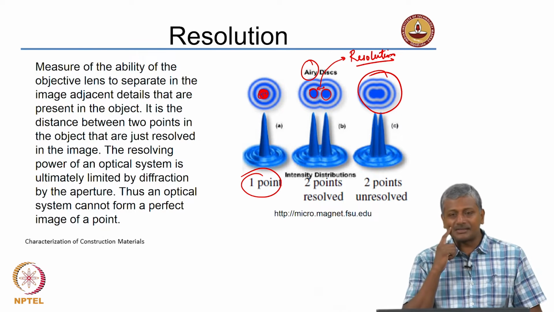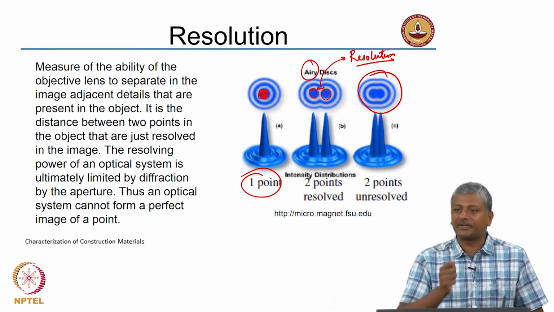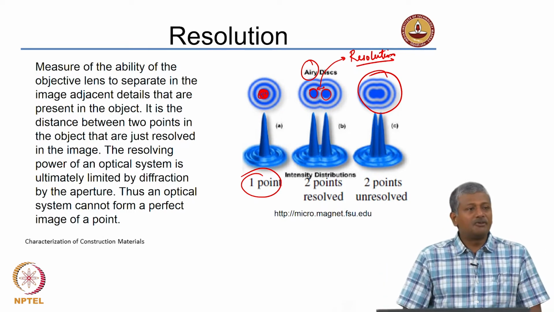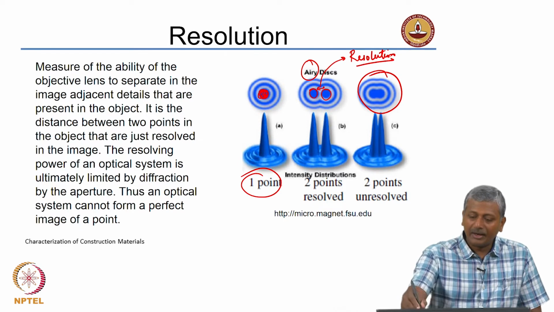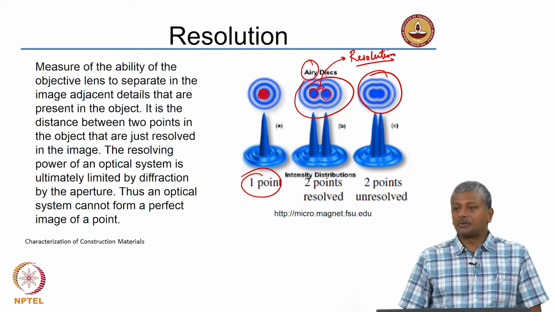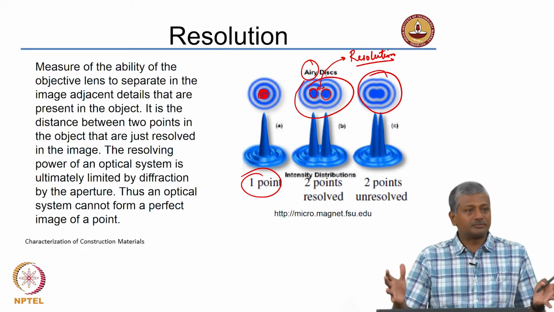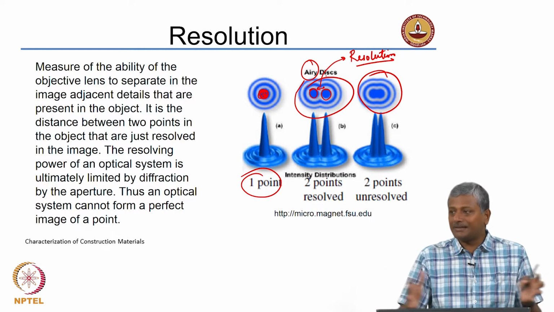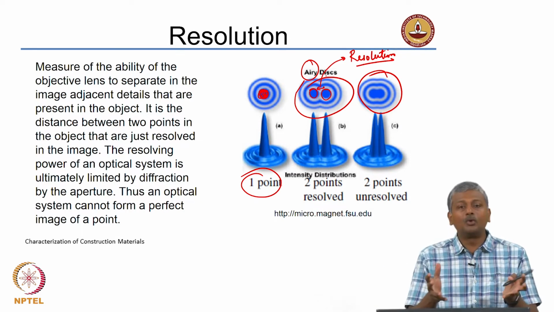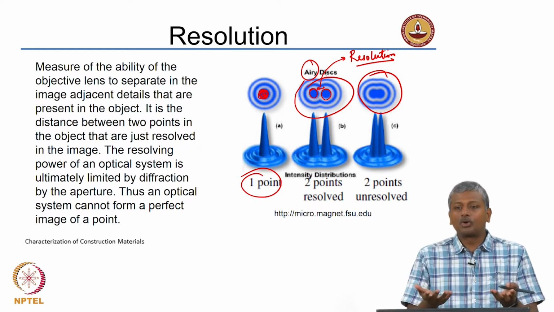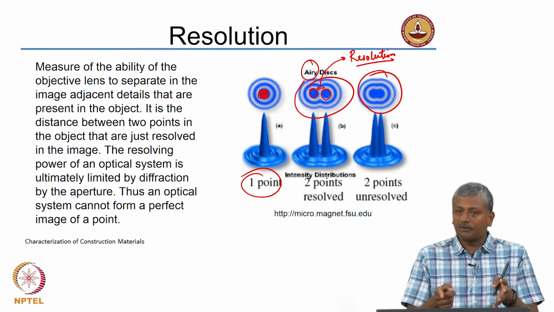Now, I can start thinking, okay, why do not I just increase the magnification, which will increase the distance between the 2 points. But the problem is that when I increase my magnification, I also increase the confusion around them. The diffraction halo can lead to more confusion when I simply increase the magnification. So, increasing magnification will not give you a very high resolution.